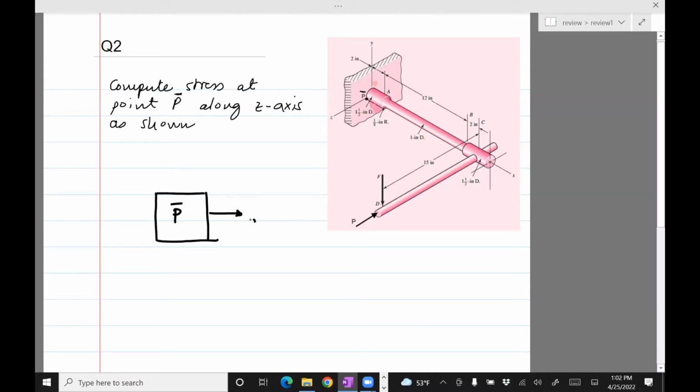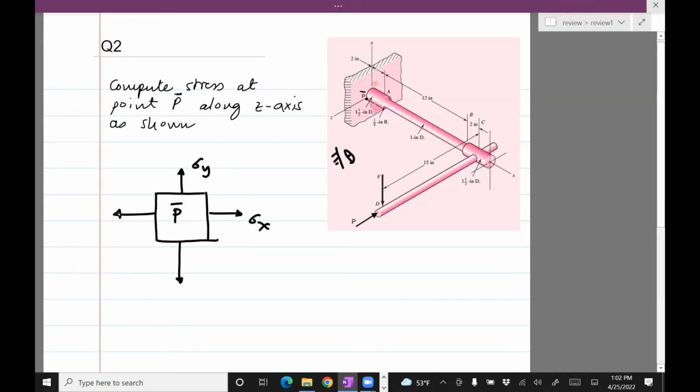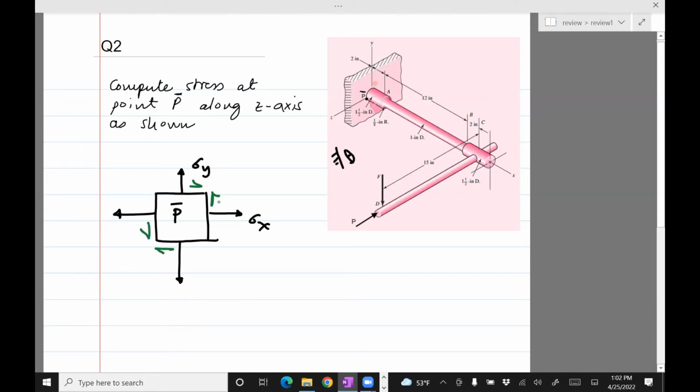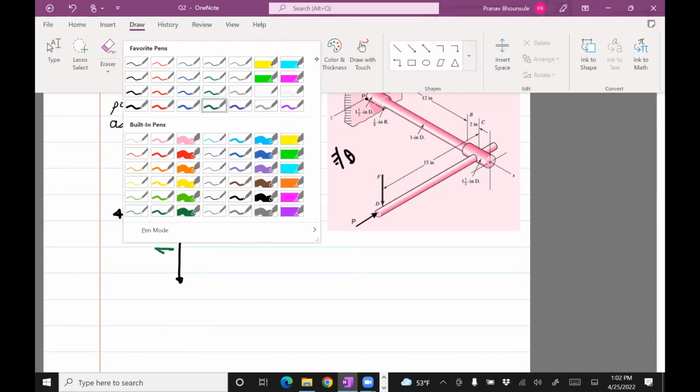So sigma x, assuming you're looking at it this way, sigma y, then tau xy. Now the next step is to figure out these stresses.